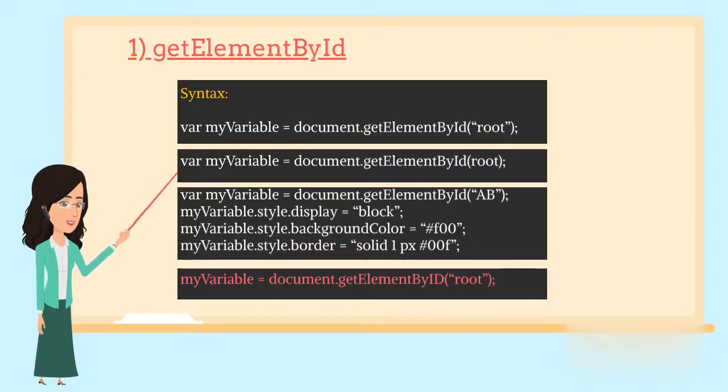Many people face trouble using getElementById, usually because of silly mistakes. Now consider the following example. This shows the last line on the screen. This is myVariable equals document.getElementById root. Here it might look correct, but look carefully, JavaScript is a case-sensitive language.